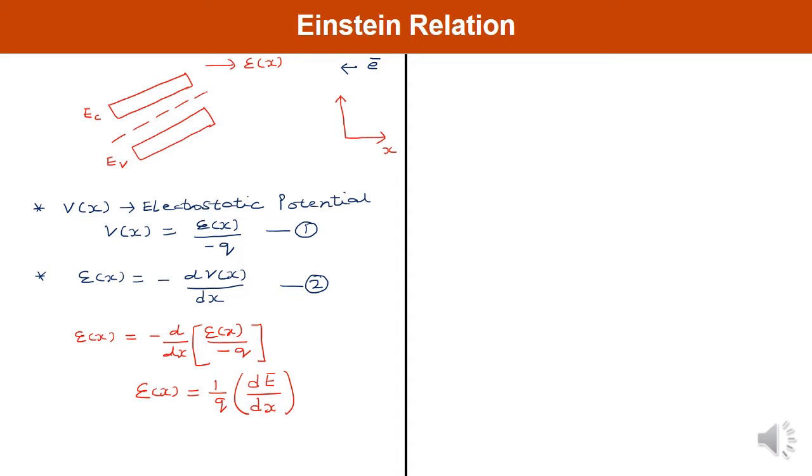See here, we can relate this term Ex to the electron potential energy, and in this particular band diagram, it can be done by selecting some reference. So selecting reference as Ei, let us mark this reference as Ei. So now this particular term would be what? 1 upon q d of Ei upon dx. This is equation number 3. So this you have written with the help of equation 1 and 2.